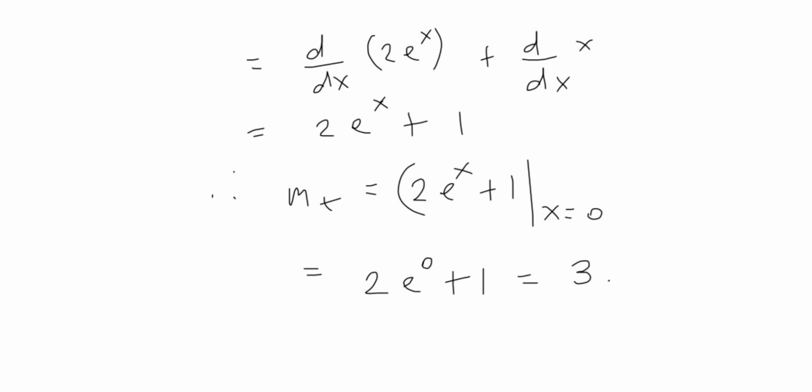The gradient of the tangent line that we want is 3. So now we can write down the equation of the tangent line that we are looking for, which is y is equal to 3x plus c. But let's remember, we still don't have c.